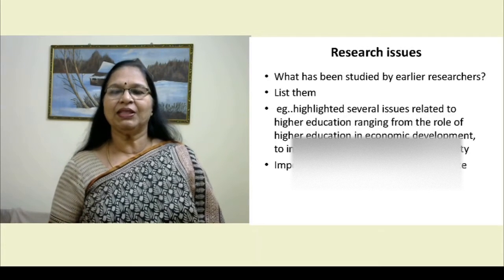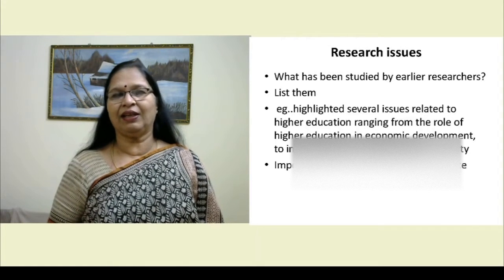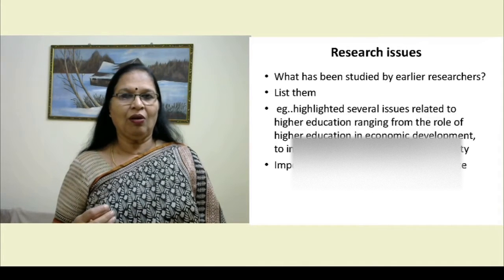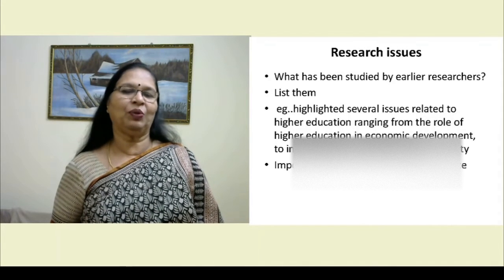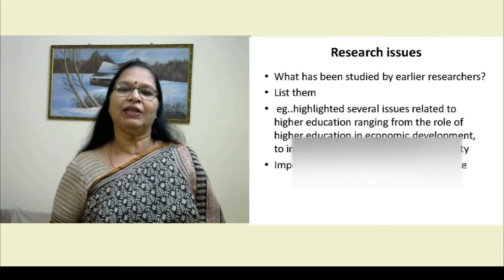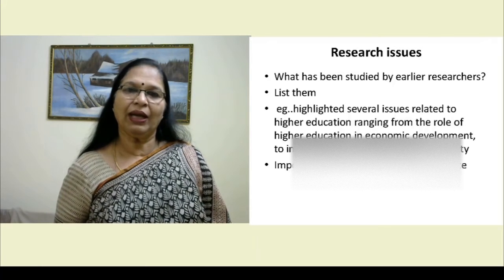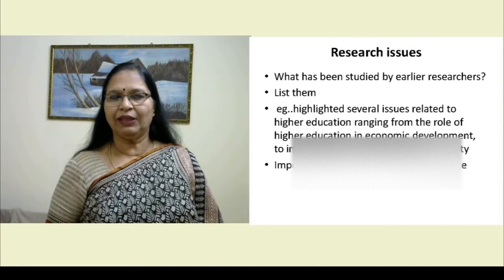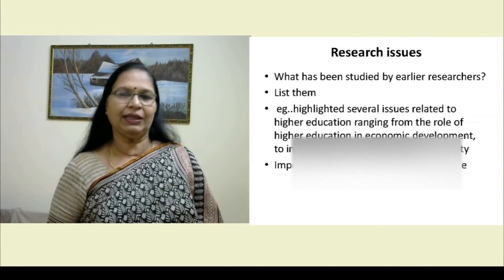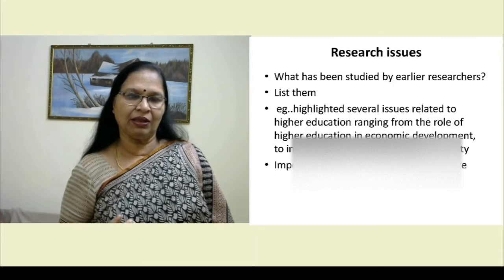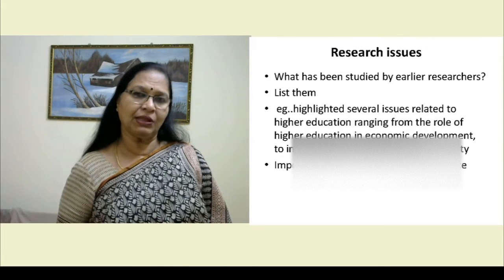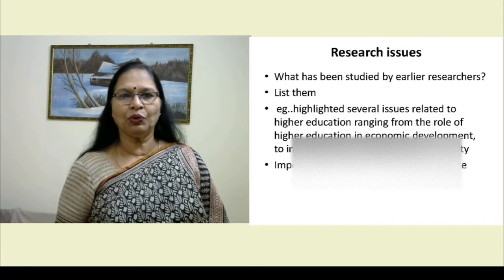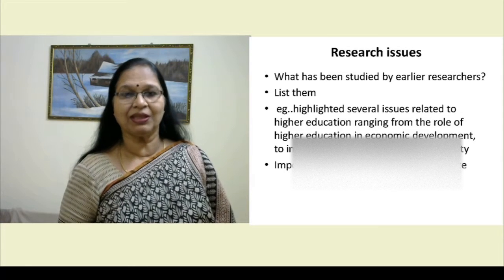So let me just read out a few lines here and there for you so that you will get an idea about what these gaps are and how these are written. For example, what have the researchers before you actually studied? That's important for you to list them and call them research issues for the simple reason that it should not happen that you go to study something that has already been studied.